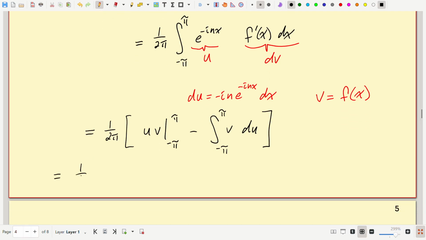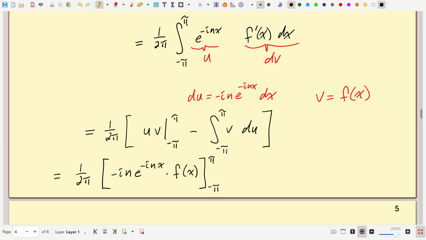My u is e to the minus i n x times f of x evaluated between minus pi and pi. That's big fat 0 because everything there is 2 pi periodic. So I don't have to look at that anymore.